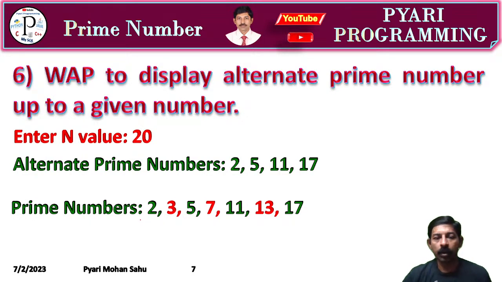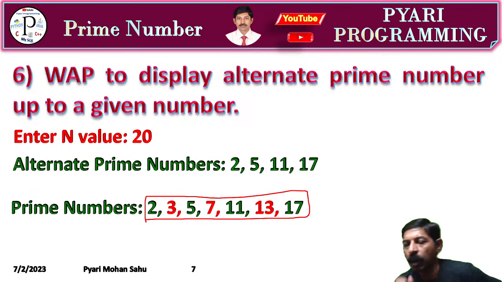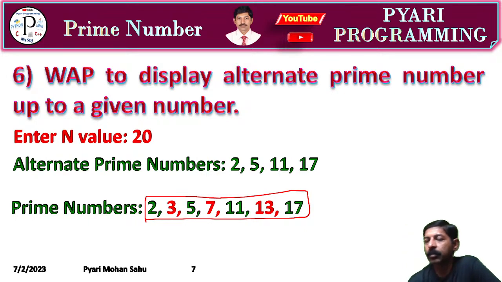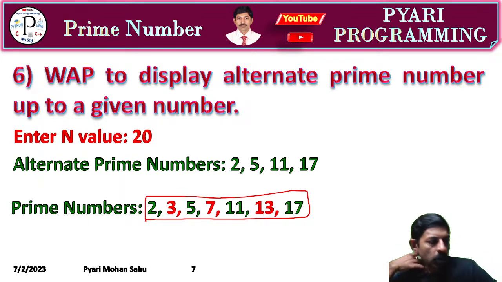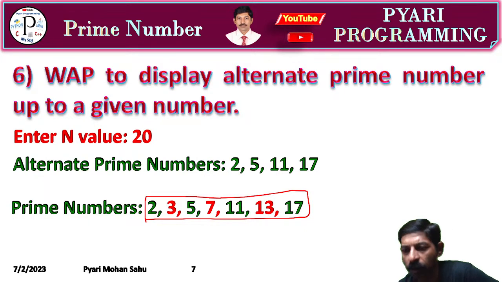Forget about alternate. This is the mechanism to display all prime numbers. Is it clear? Okay. Can you remember the alternate pattern? Yes, I'm coming to that part only. Because you said that you have not understood, I'm coming to that part only.